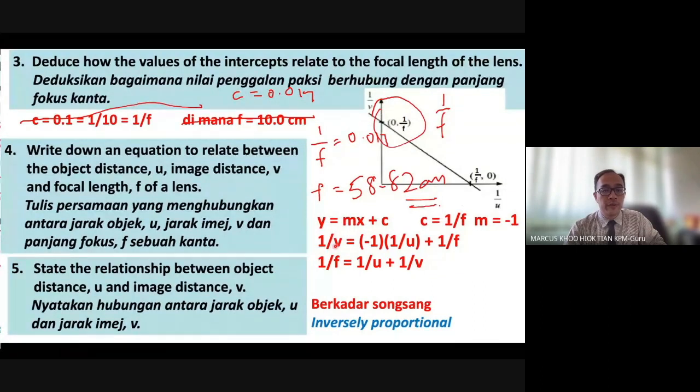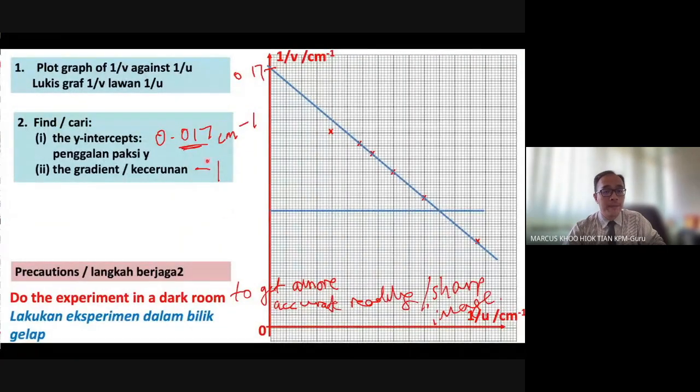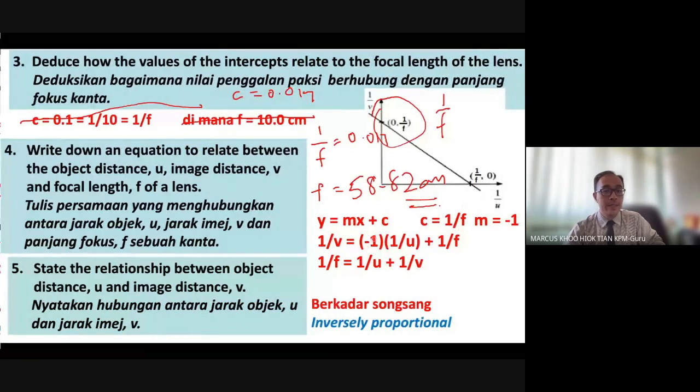My m is the gradient. Remember, what is the gradient that you got from here? It's -1. So if Faith got -1, and the rest of you got a different value, it doesn't matter, replace that value in here. This is my example only, which is -1.